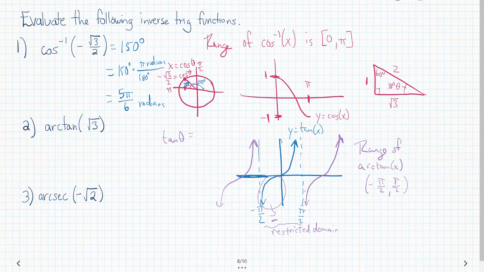So we can just draw our triangle and we should be good to go. So arctangent of square root of 3 equals theta. If you take the tangent of both sides, tangent of arctangent of square root of 3, they cancel, and that means tangent of theta equals the square root of 3. Okay, that's all it is. It's just a fancy way of saying that.